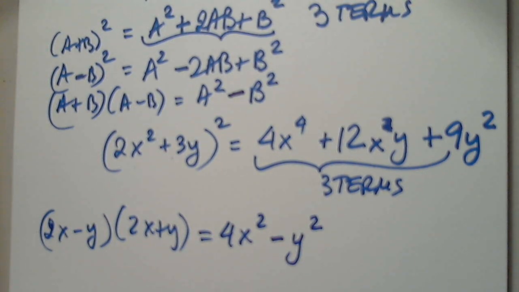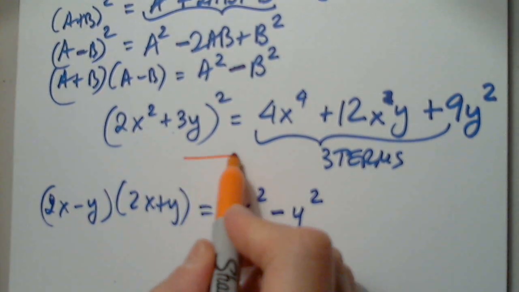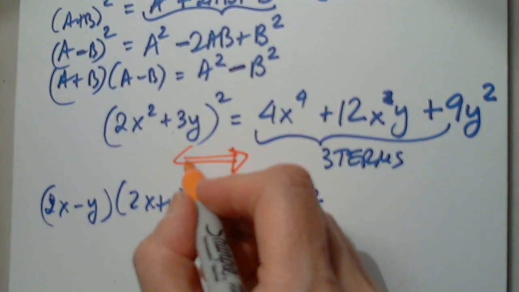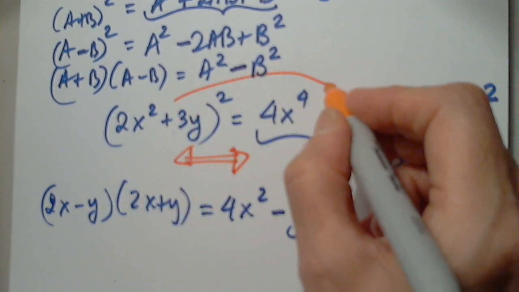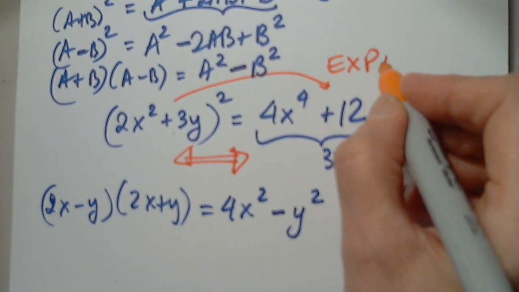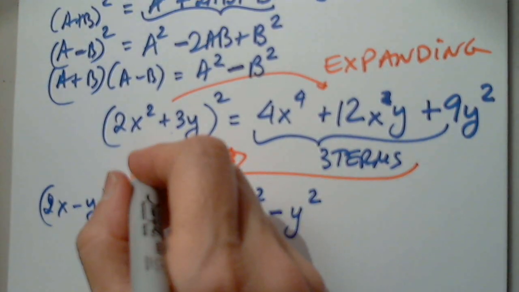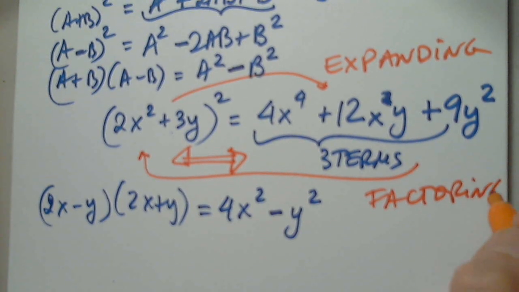And of course, these formulas are so-called dynamic. What does that mean? This implies that, and this implies this. This way is expanding. So from here, we are expanding. From here, we are factoring. Same thing here.